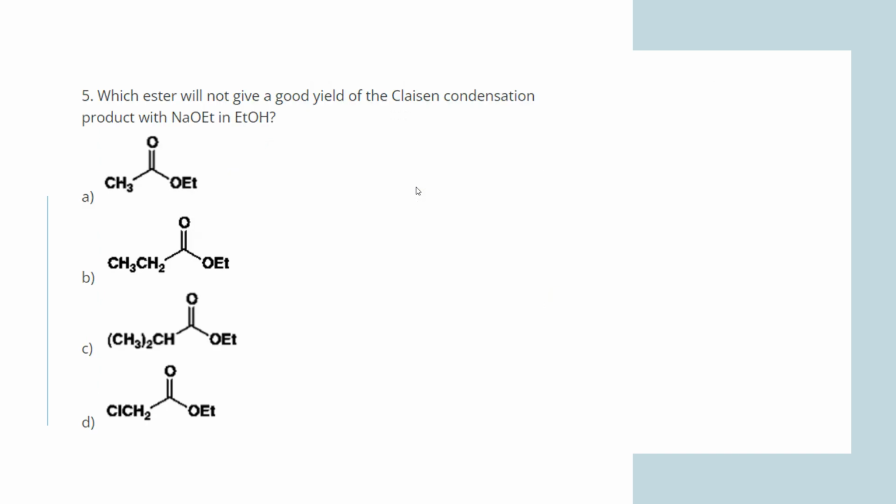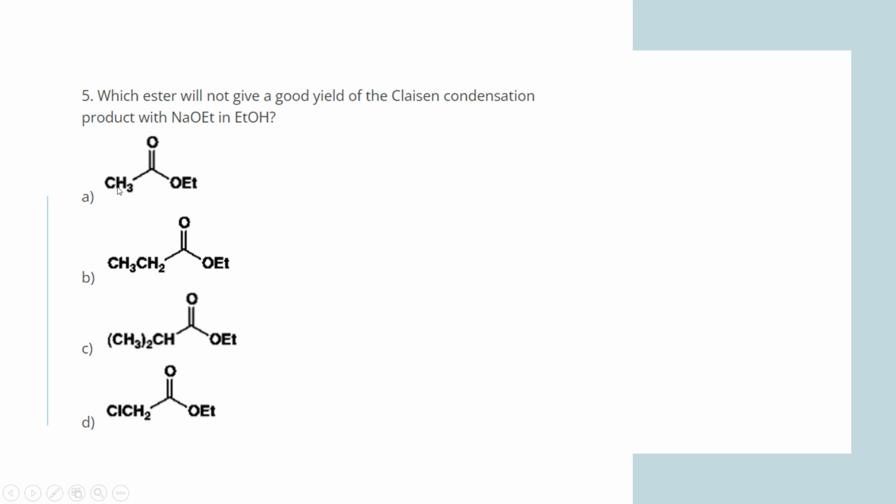So this concept is going to help you in answering the first question. Which ester will not give a good yield of Claisen condensation product? If we look at all four substrates, in A, to abstract the proton, you have CH3 here. That means adjacent to the CH2, you have only hydrogen.